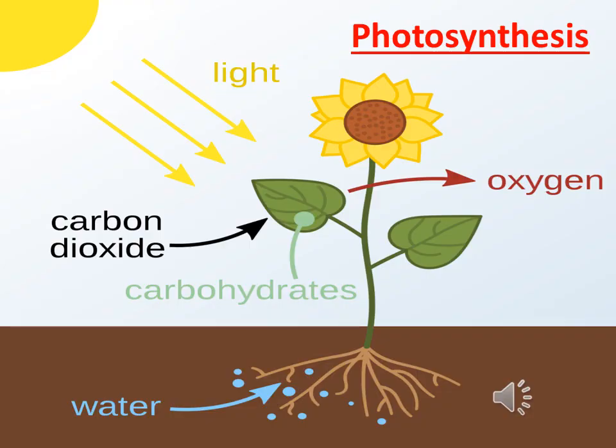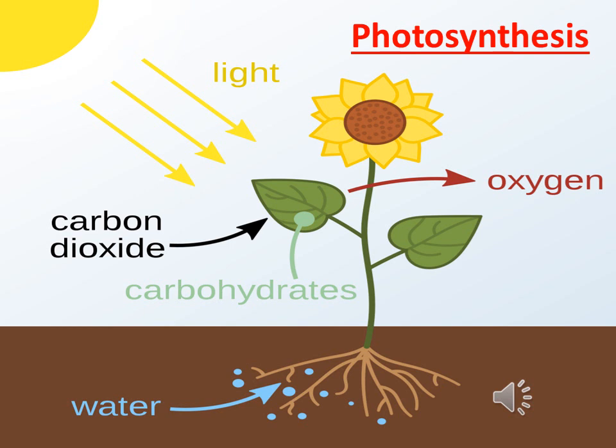Look at this picture which shows how photosynthesis takes place in a plant. You can see in the presence of sunlight, the green leaves of a plant take carbon dioxide from the air through stomata and water from the roots of the plant, which is transported through the stem to the leaves, and in the presence of sunlight, the chlorophyll present in the leaves combines carbon dioxide and water.